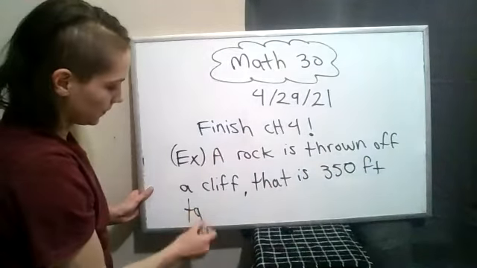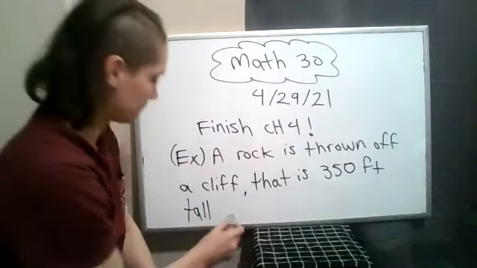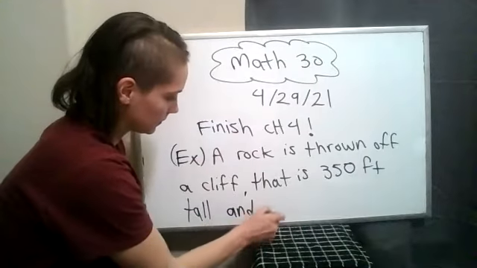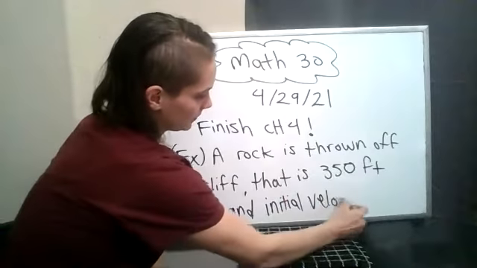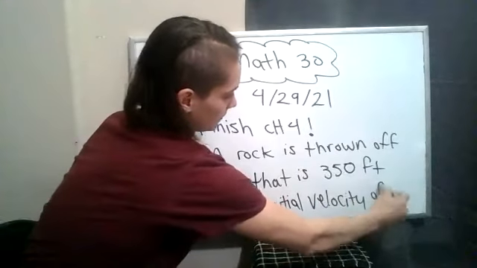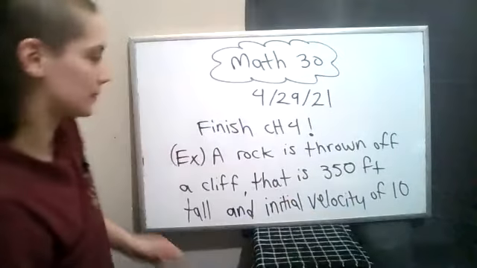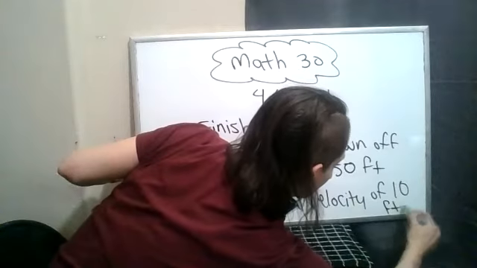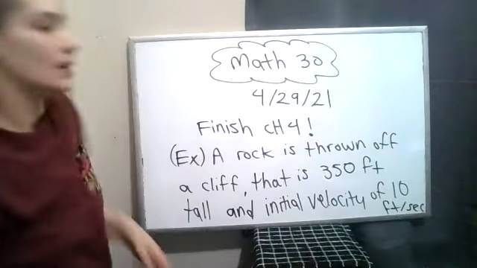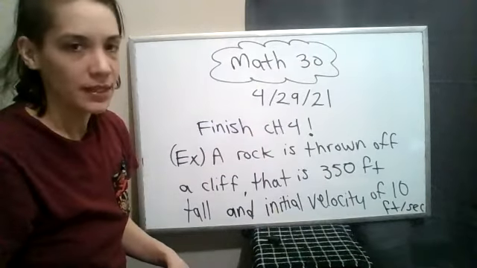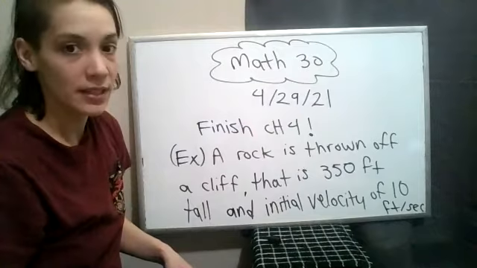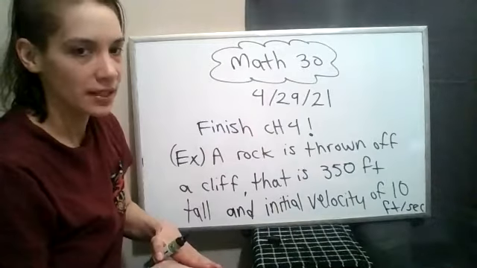And it's with an initial velocity of 10 feet per second. So part A, find the position function. Part B, when does the rock hit the ground? And then part C, what is that impact velocity?